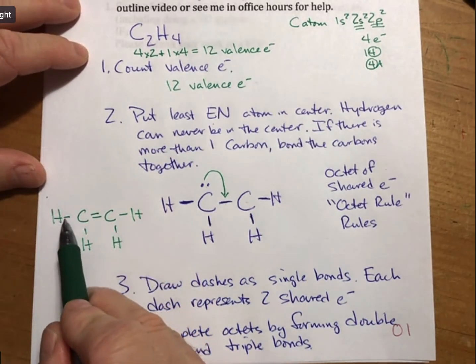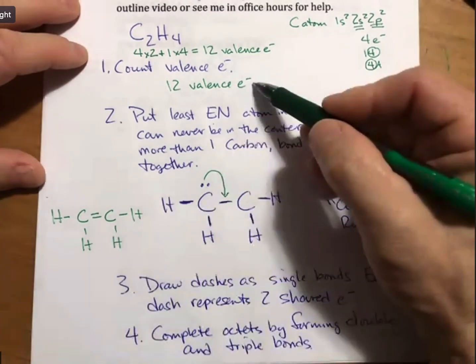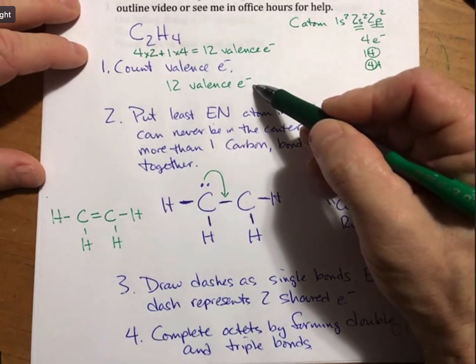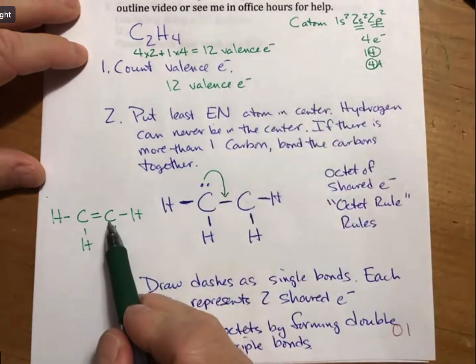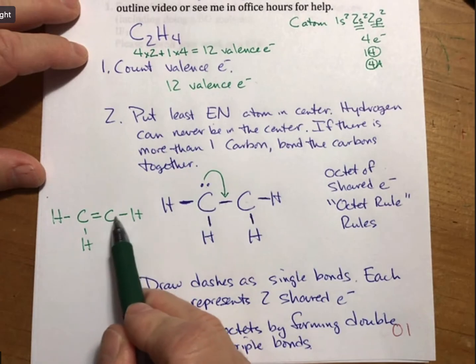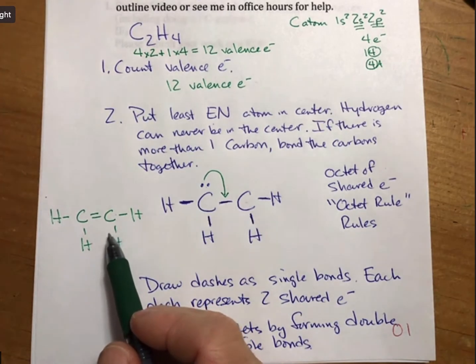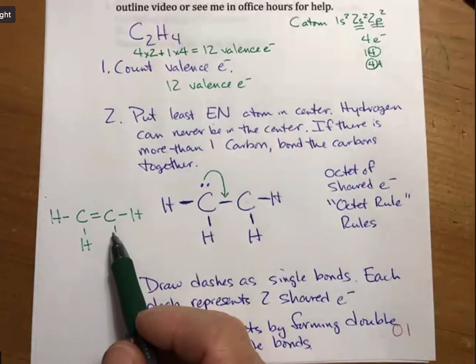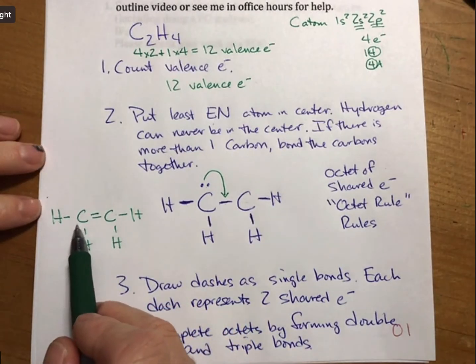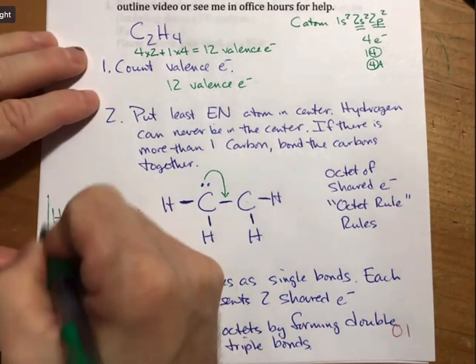It has 2, 4, 6, 8, 10, 12 electrons. That's all the electrons we can put in here. And each of the carbons has 2, 4, 6, 8 valence electrons around it. The carbon has 8 valence electrons as 4 bonds, 4 shared pairs of electrons. And you can see that the other carbon has the same thing. So this is our final answer.